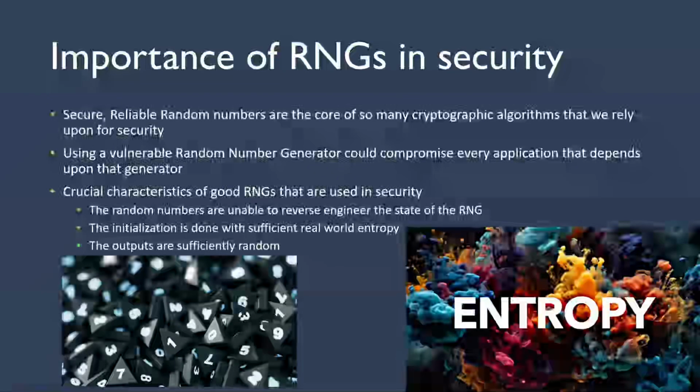Another important part is that the initialization is done with sufficient real-world entropy. If your very, very beginning step is flawed, then it's very easy to guess, and anytime you use that random number generator, it will be bad, because attackers will be able to predictably guess the initialization. If they know the initialization, then they know everything. And of course, the final most important characteristic of a random number generator is that it is sufficiently random. If it's not random, there's no point.